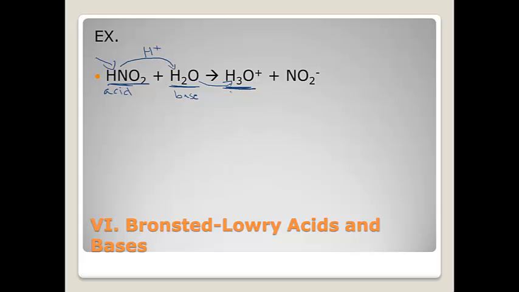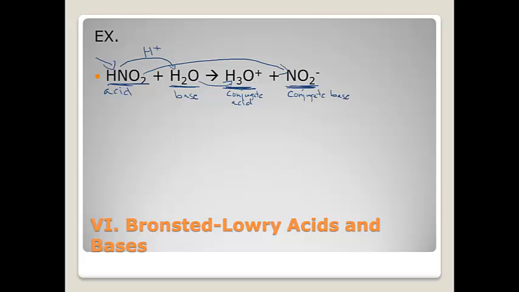So this base produces a conjugate acid. And what happened to the nitrous acid? Well, it turned into this substance here. So this substance right here must be a base, and this is the conjugate base.